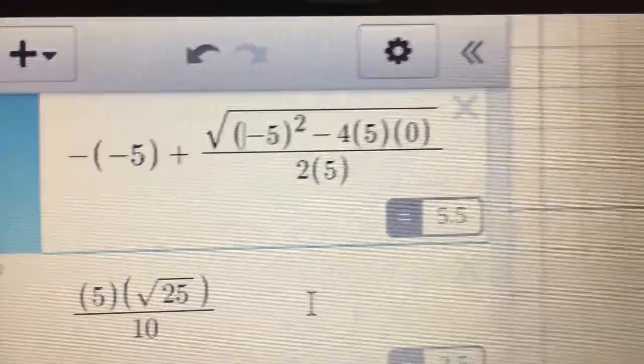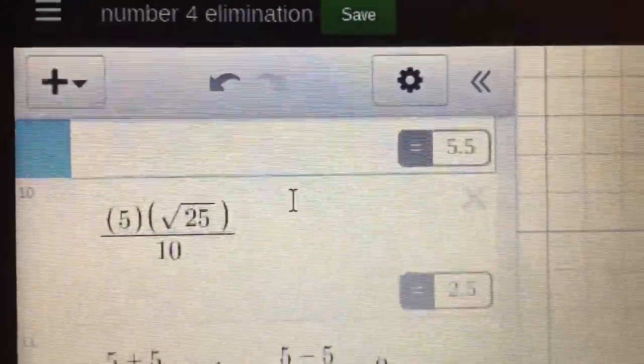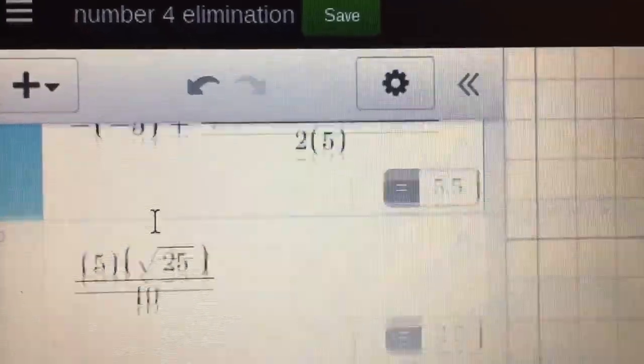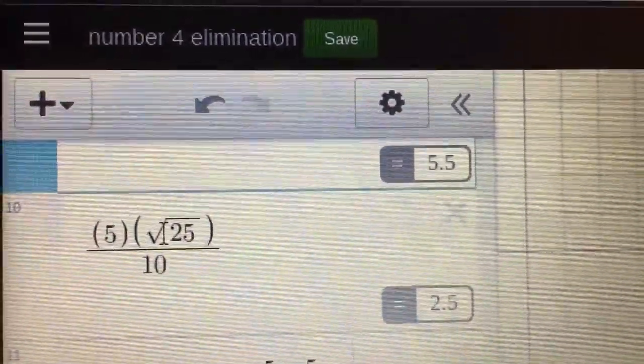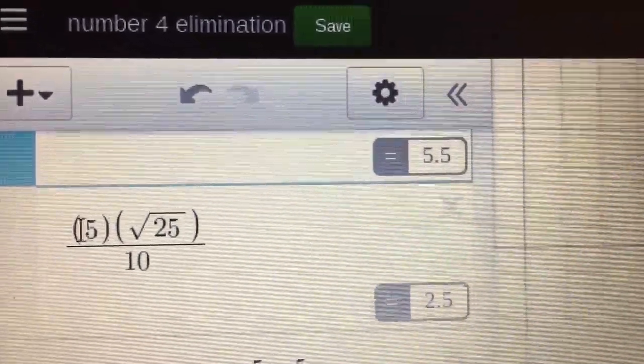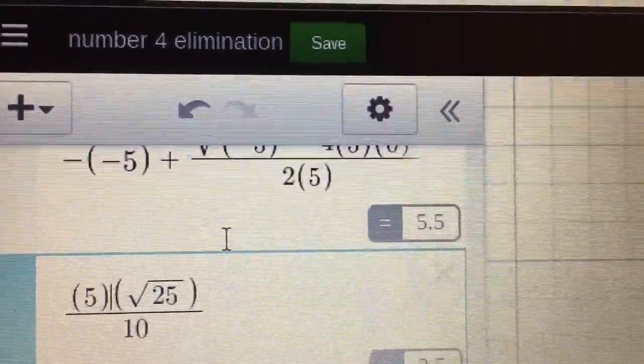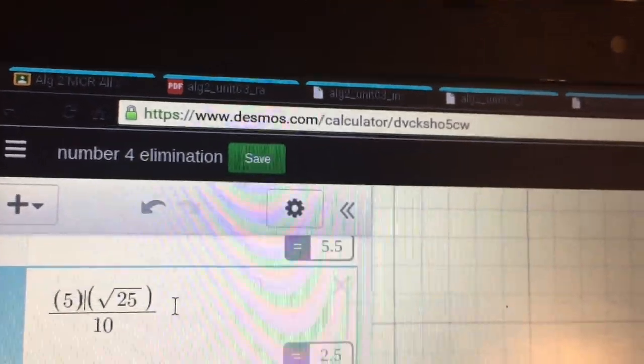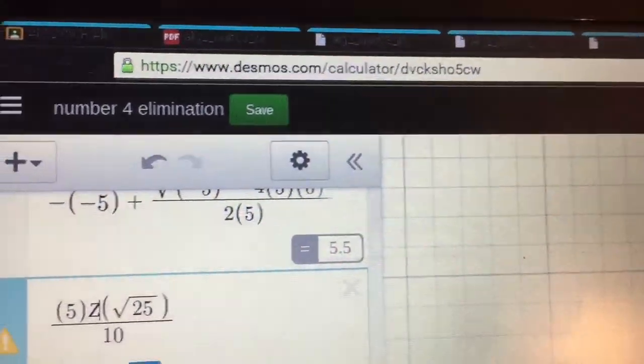Okay? Now, when we do the math up here, we get 5 times the square root of 25, okay? Actually, this should be, hold on one second, sorry. Oops.